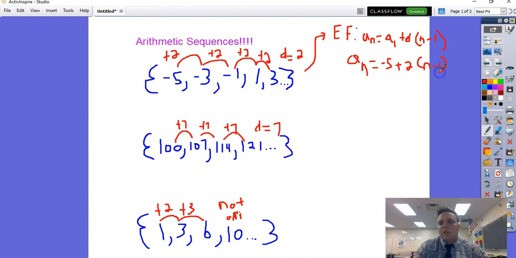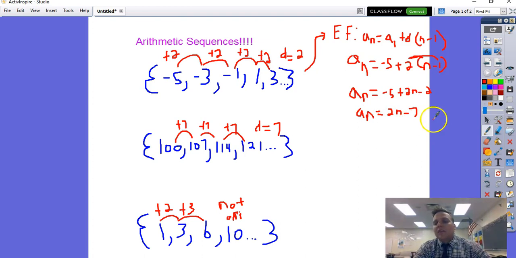Now I just have to do a little bit of algebra. A sub n is going to be equal to, well, you have to distribute the 2, so that gives me -5 plus 2n minus 2. Now I have to put like terms together, -5 and -2. So I get a sub n is equal to 2n minus 7. Bam. There is my explicit formula.